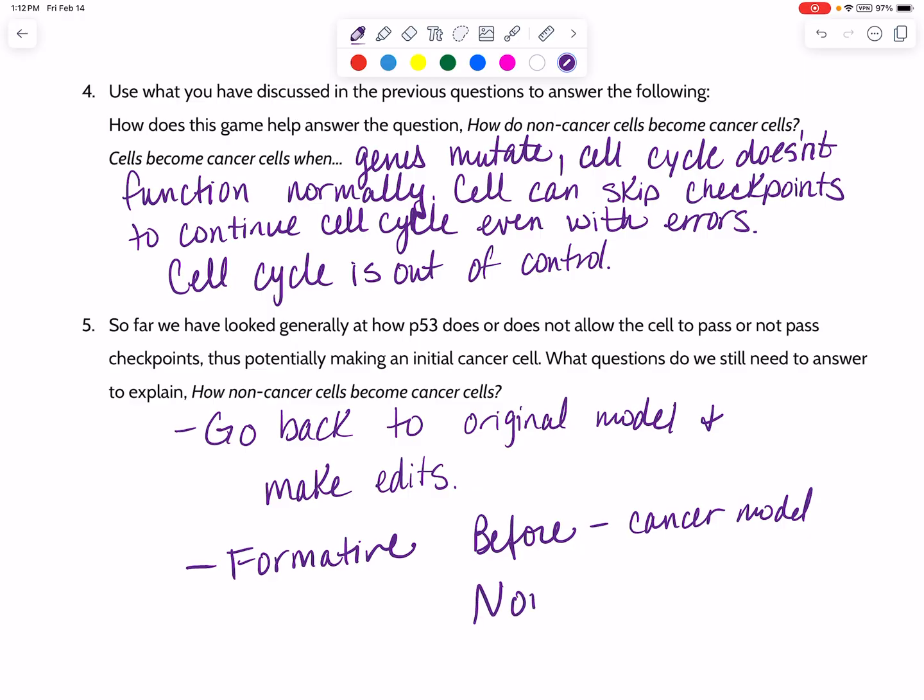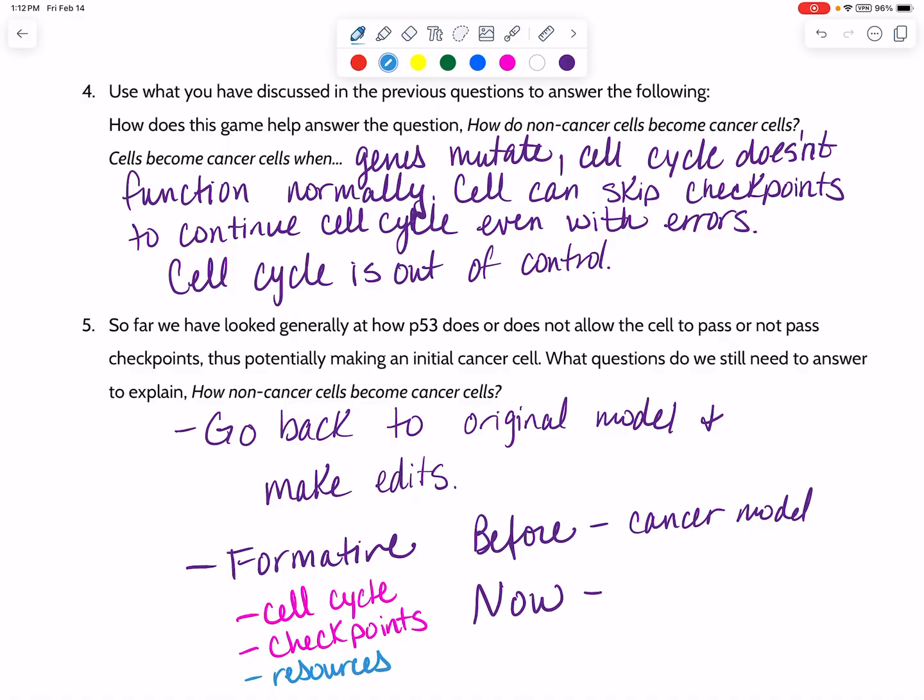And then I want a now screenshot after you've made any edits, because now I want to see you add the pieces of the cell cycle and the checkpoints. If you want to include things like resources, you can.